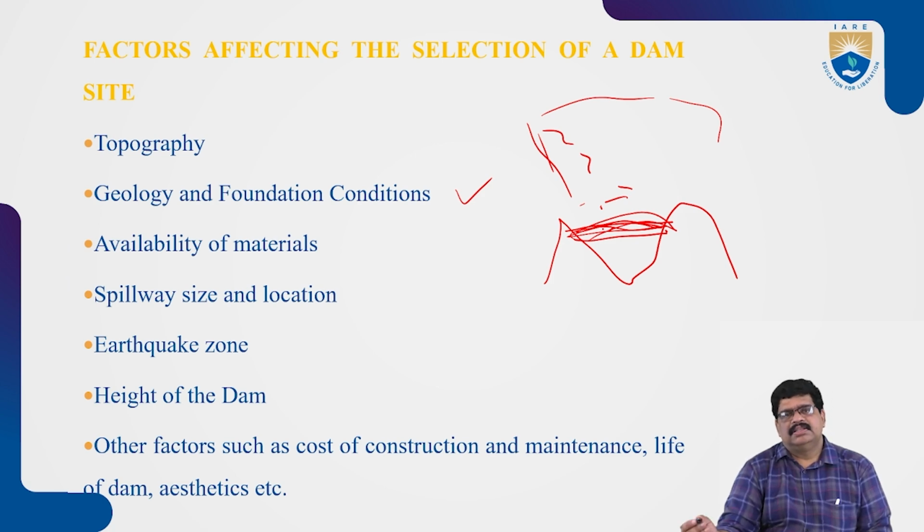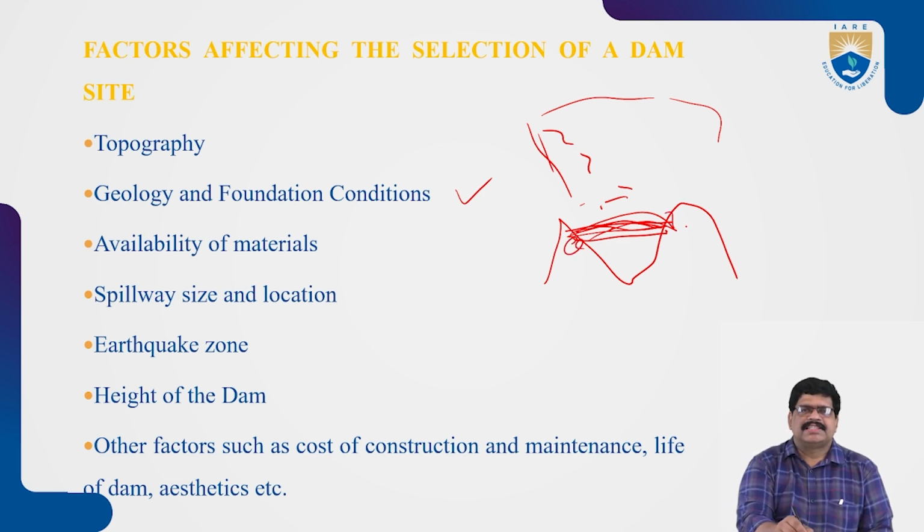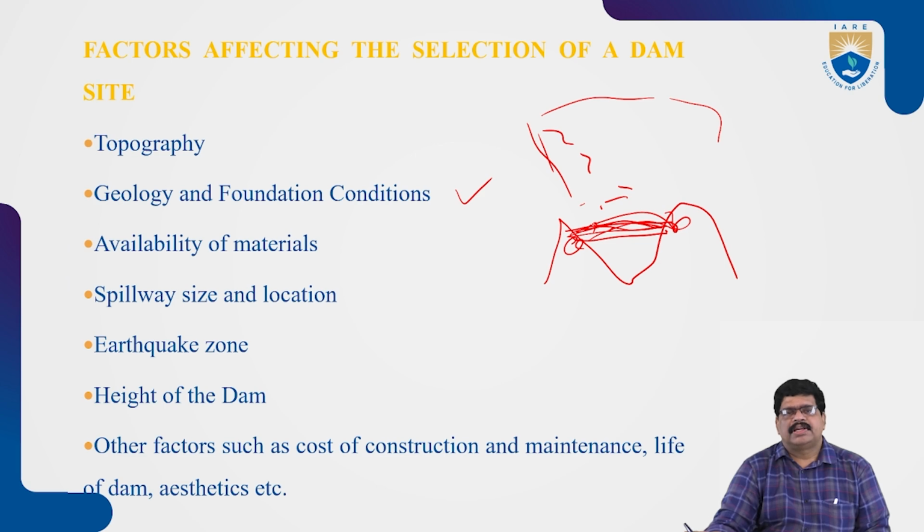That gives two benefits: the project will be very strong and durable, and the cost will also be reduced. So the minimum area suitable for the construction of the dam has to be selected.